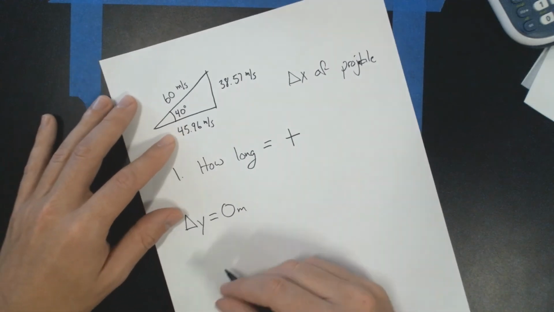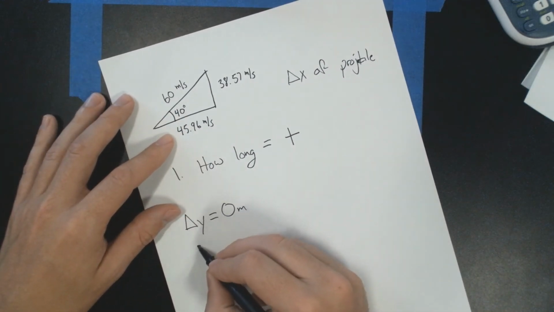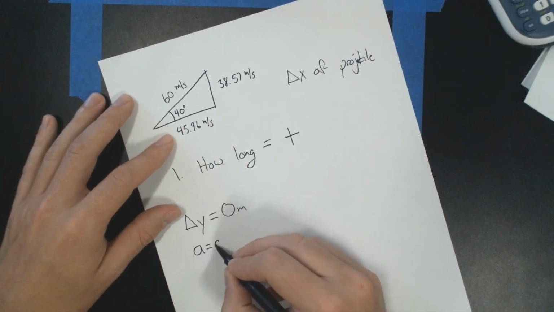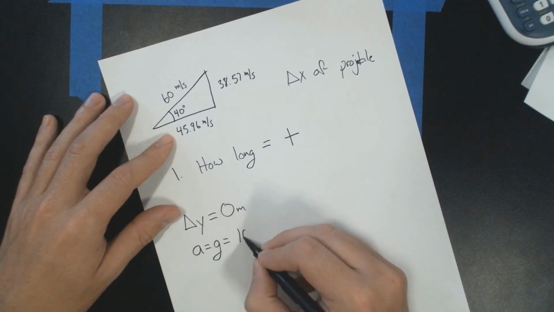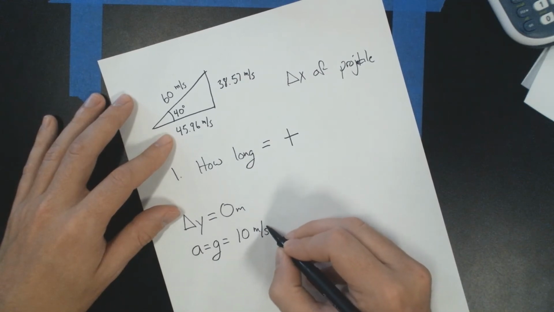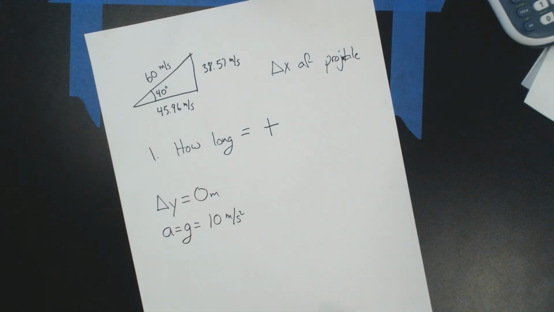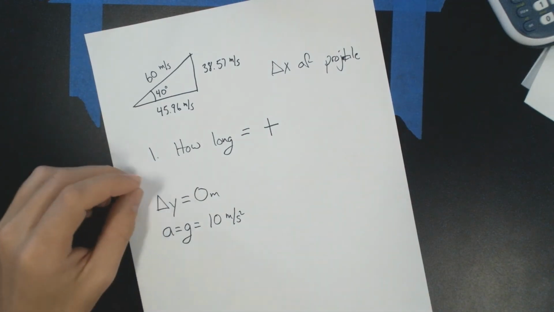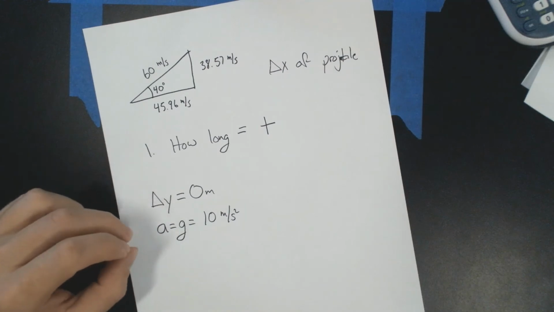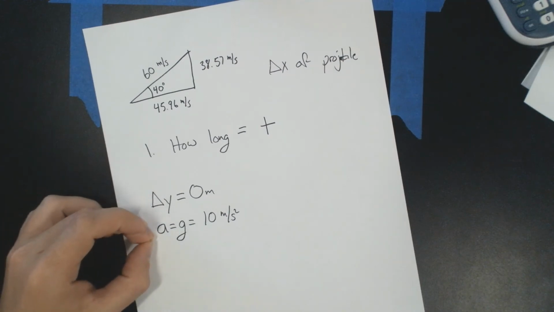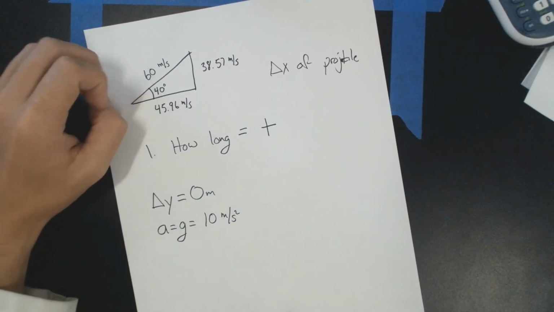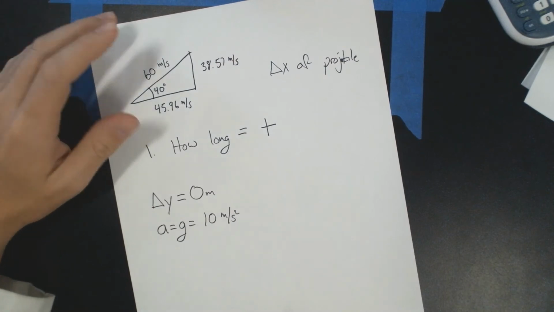The other thing I know is that the only acceleration acting on the ball is gravity, and that pulls down on the ball at 10 meters per second squared. So I've got a couple of pieces of information to work with. I've got a change in position, I have my acceleration, and from my triangle, I have my initial velocities.